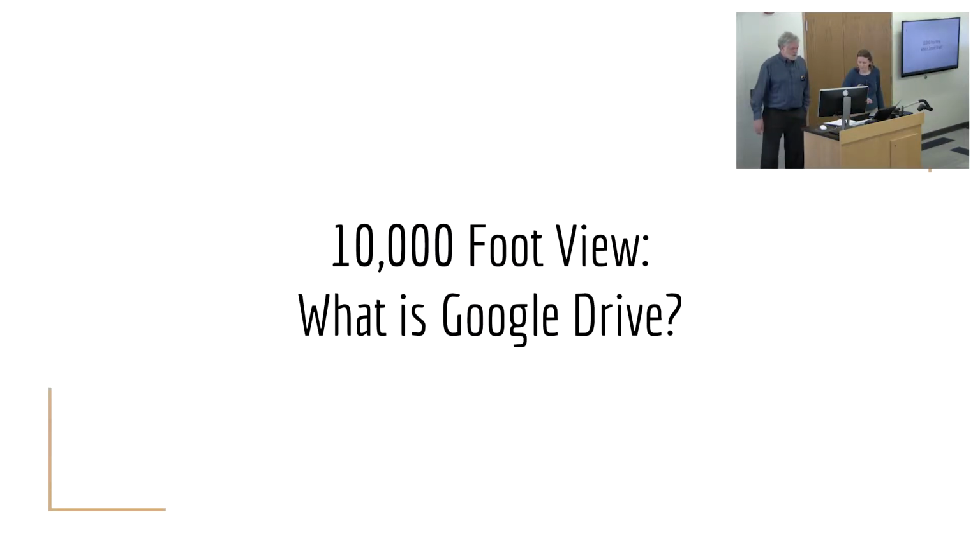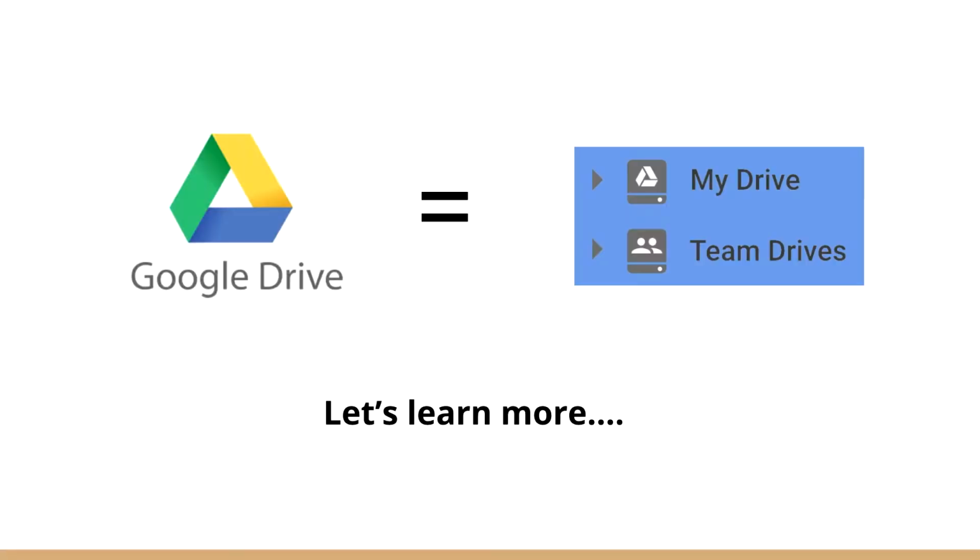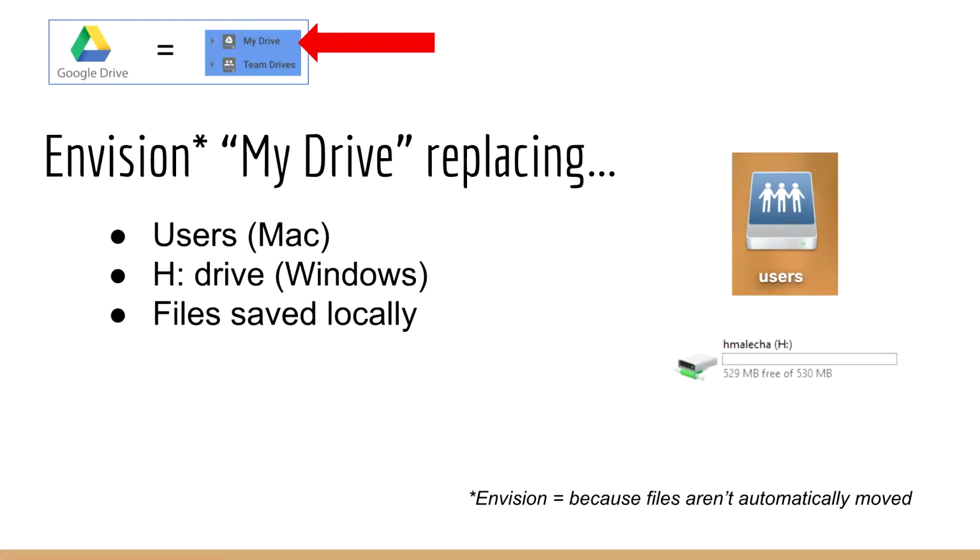So, our 10,000-foot view. Okay, so what is Google Drive? For those of you who use this every day, this is kind of an overview of what you already know, but perhaps in just a higher level picture. Google Drive is made up of 2 things essentially: My Drive and Team Drives. So let's drill further into that. If you can envision My Drive as the new, for Mac users, your users folder.